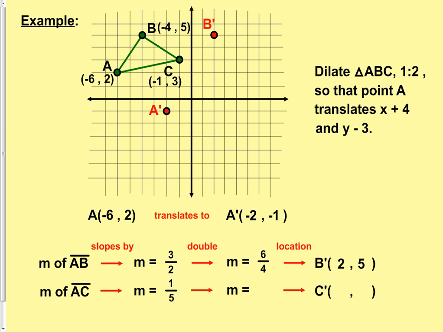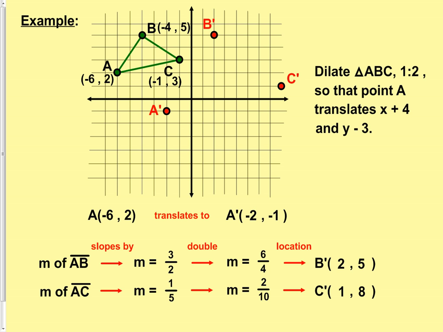But again, we're not trying to rise and run the same amount. We're trying to go twice as much. So up 1 over 5 is going to change to up 2 over 10. From point A to get to point C, we should rise 2 and run 10, and that would put us way out at 1, 8.